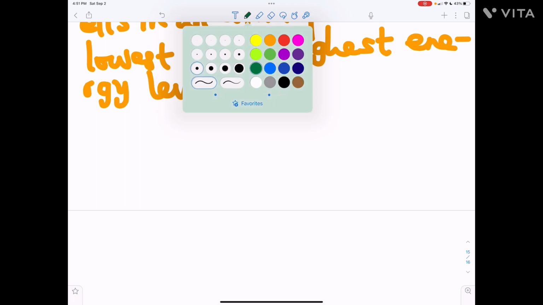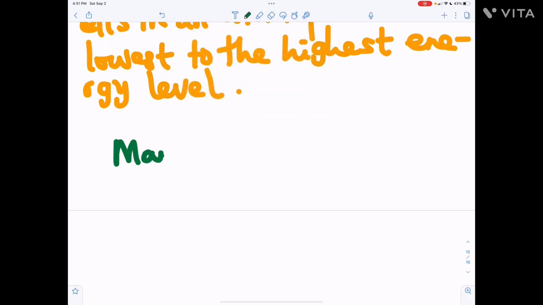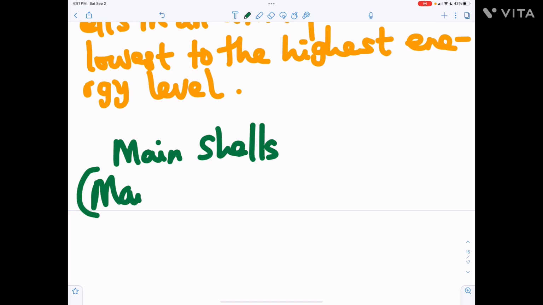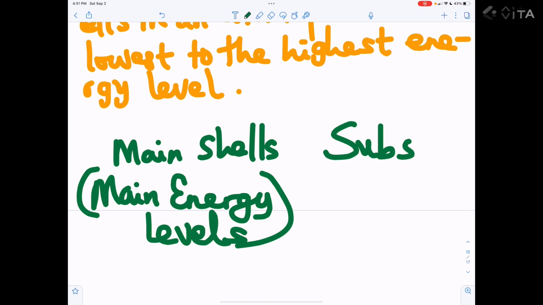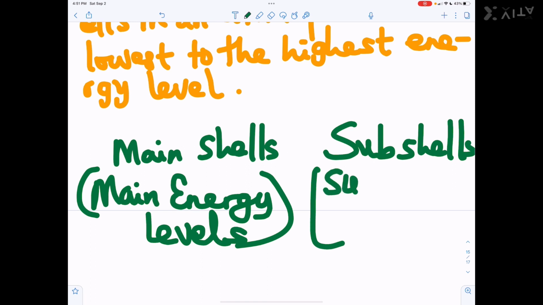Let's now look at subshells. The main shells in an atom are also called main energy levels. And the subshells in these main shells are also called sub-energy levels.